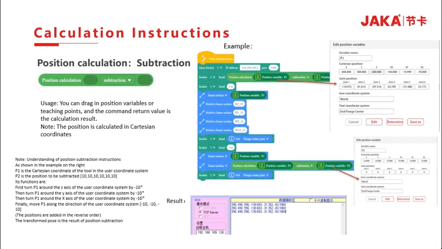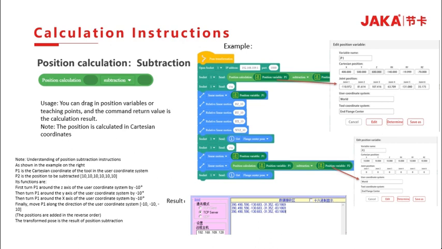P1 is the Cartesian coordinate of the tool in the user coordinate system. P2 is the position to be subtracted, and the value is 6/10. Its function is to first rotate P1 around the z-axis of the user coordinate system by minus 10 degrees, then rotate P1 around the user's y-axis by 10 degrees, and then rotate P1 around the user coordinate system x by minus 10 degrees.